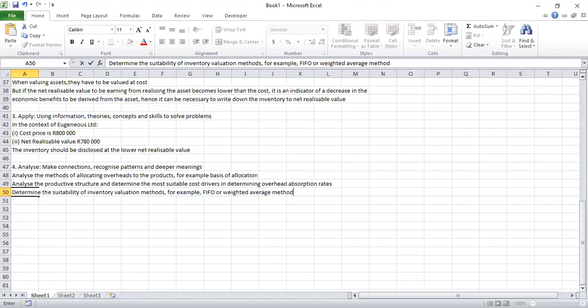You have to probe that way of determining the cost, whether it still remains appropriate or not. So you will have to analyze the whole process instead of just saying I should use the lower of cost and net realizable value, and the cost is determined in this way. You are now going a step further through the analysis.